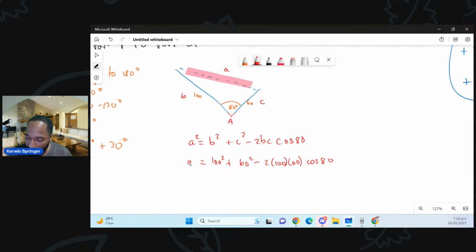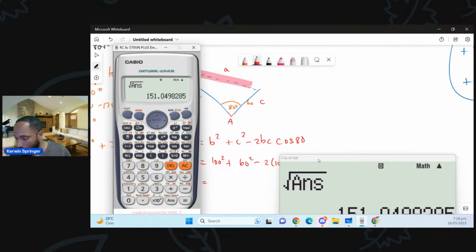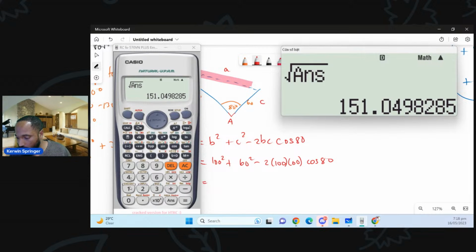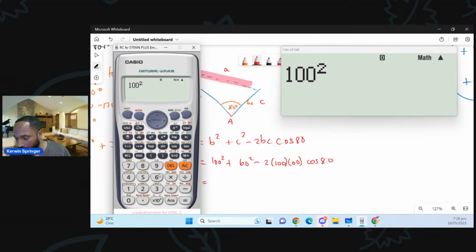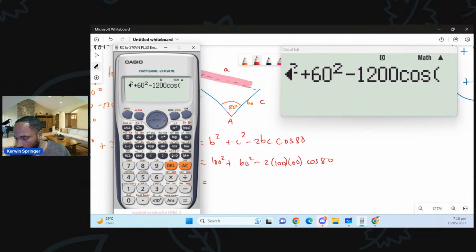Putting that in your calculator, it may take a little time for me, but you should be able to do it a little faster: 100 squared plus 60 squared minus 2 by 100 by 60, which is 12,000, cos 80.